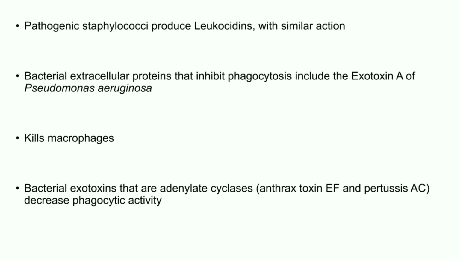Bacterial toxins which have adenylate cyclase activity, such as the anthrax toxin edema factor or the pertussis adenylate cyclase, will effectively decrease the phagocytic activity.